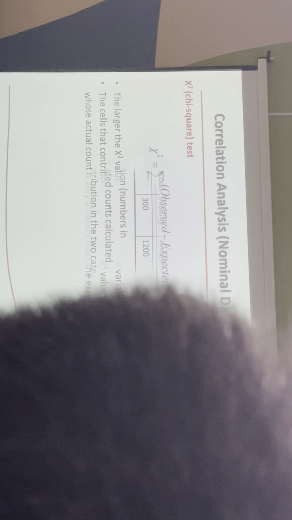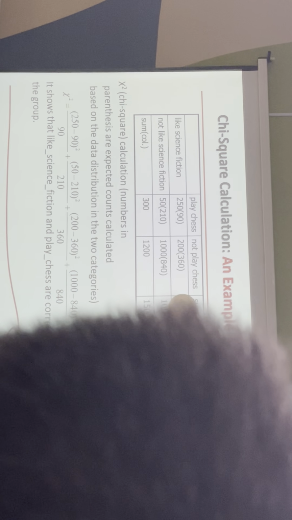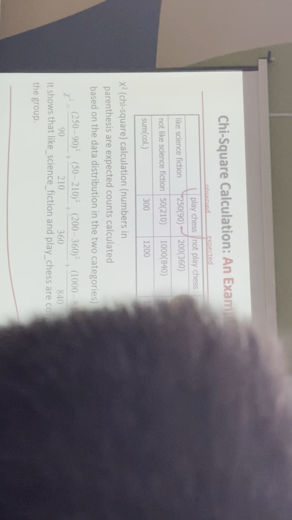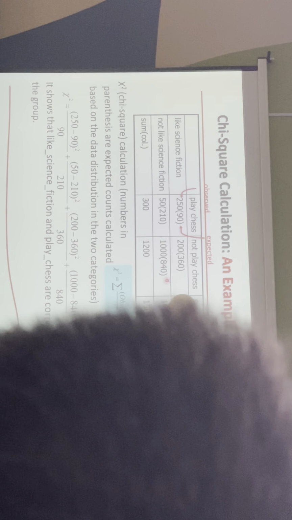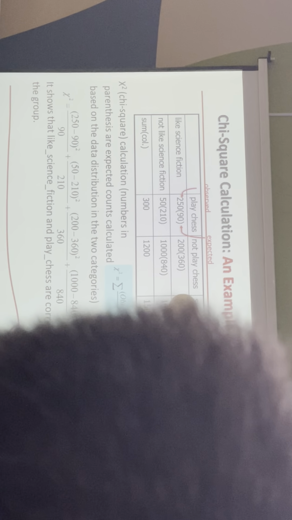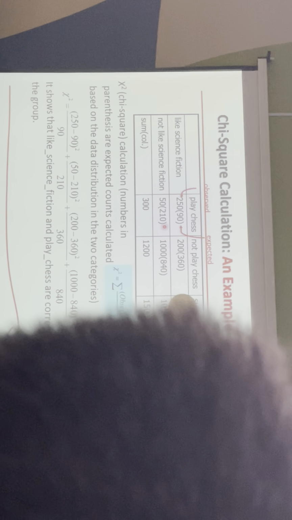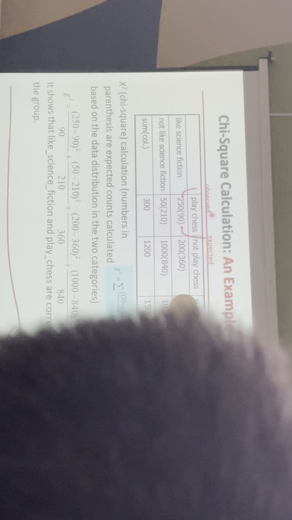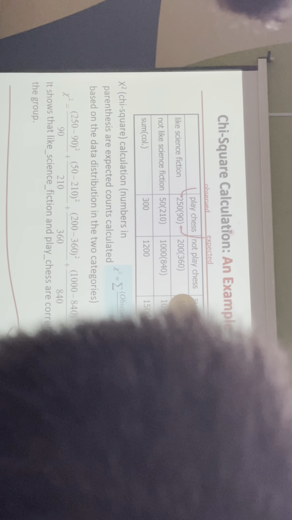So how can you calculate your chi-square values? Okay, this is the formula. Assuming this is your table, 250 is the observed value, and the expected value is 90 inside the parentheses here. Normally, this value will be given.